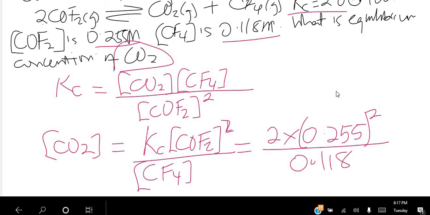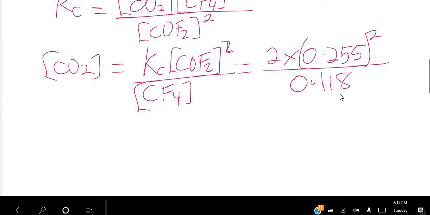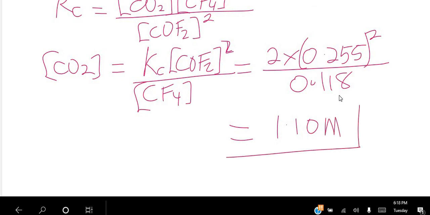So when we plug this into our calculator, we should have 1.10 molar. So our concentration for CO2 is 1.10 molar.